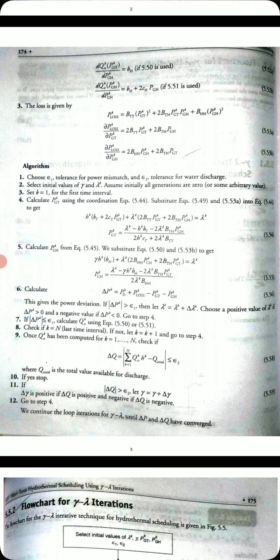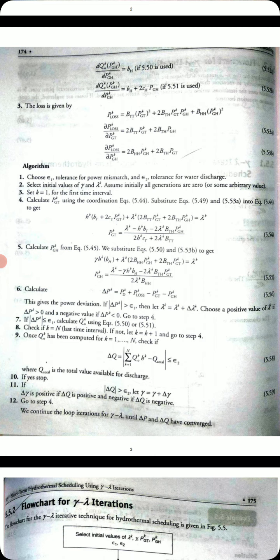Then once we have calculated the Q naught, we need to check the delta Q, that is the difference in the water discharge, and check it against the tolerance of the water discharge, the second tolerance we chose. Q total is the total available discharge. If the delta Q is lesser than the tolerance limit, you can stop.